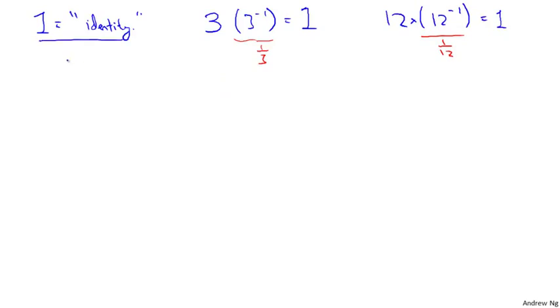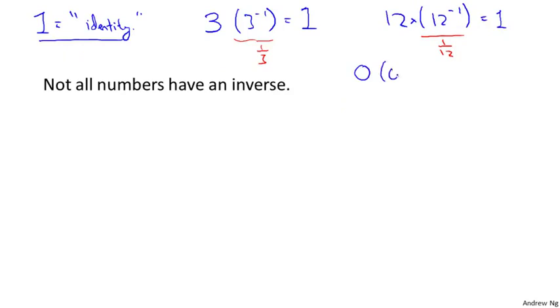Now, in the space of real numbers, not everything has an inverse. For example, the number 0 does not have an inverse, because 0 inverse, 1 over 0, is undefined. 1 over 0 is not well defined. And what we want to do in the rest of the slide is figure out what it means to compute the inverse of a matrix.